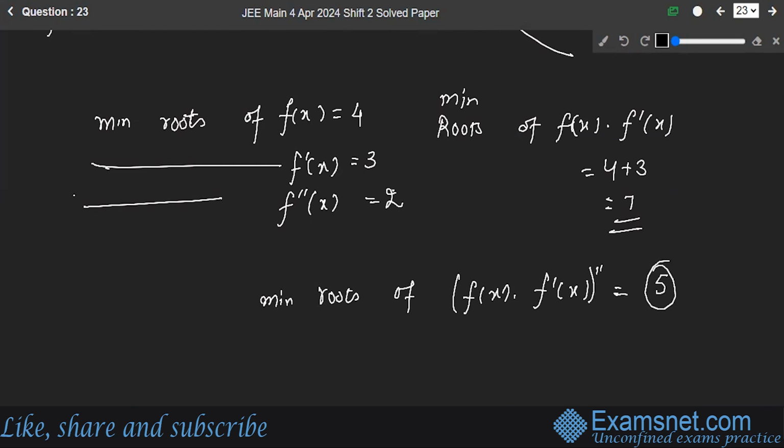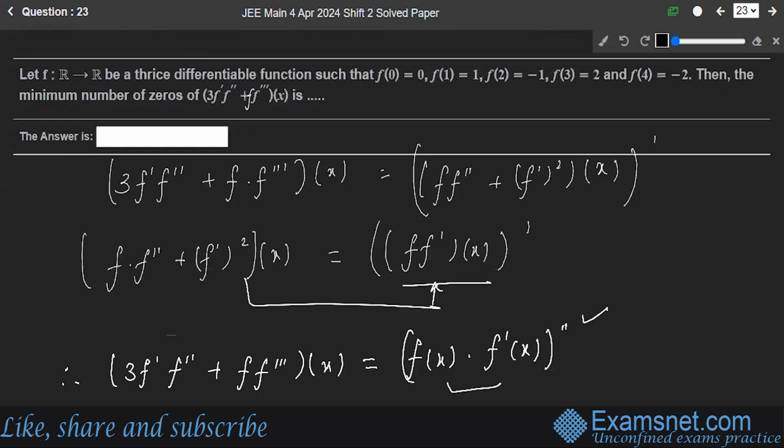This is the answer to the question. So the minimum roots for this will be equal to 5, because this expression was equal to the second derivative of f of x into f dash. So the minimum number of zeros possible here is 5. Hope you got that. Let's move to the next question.